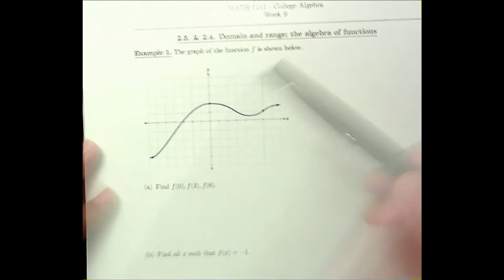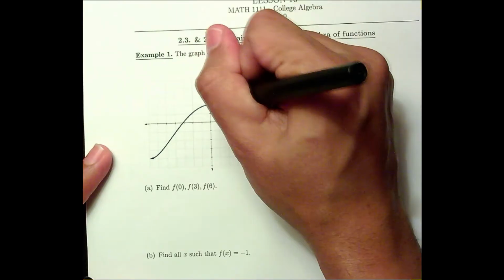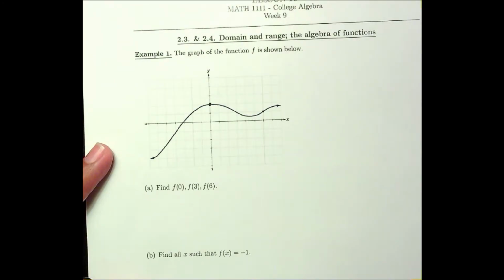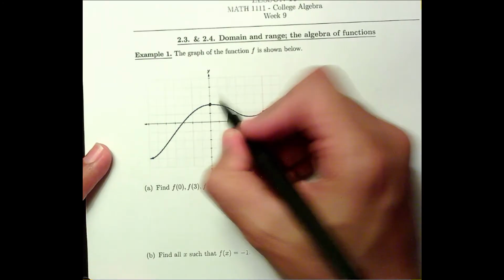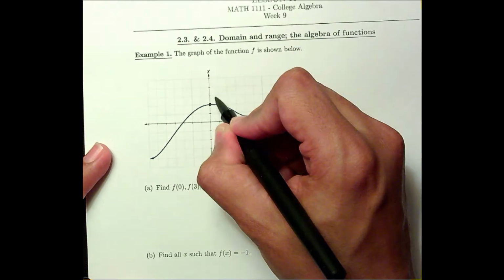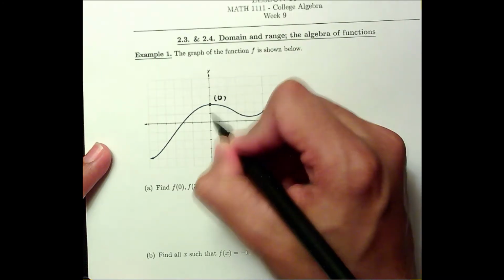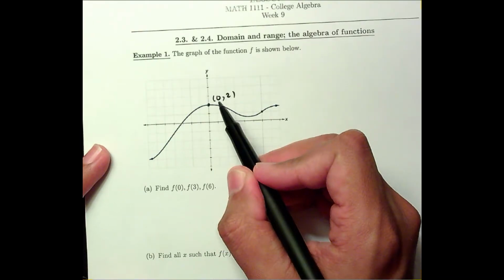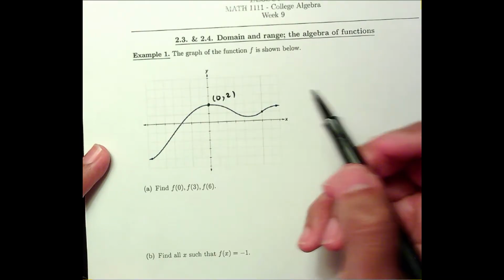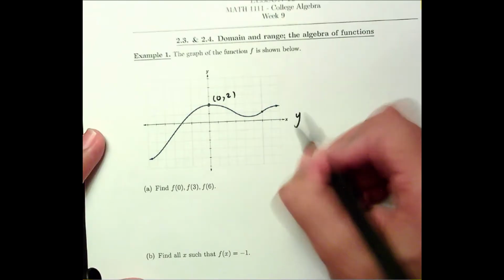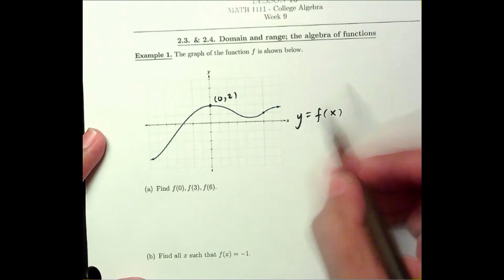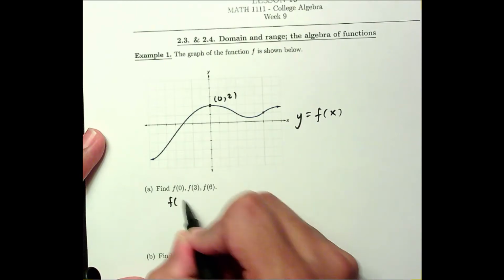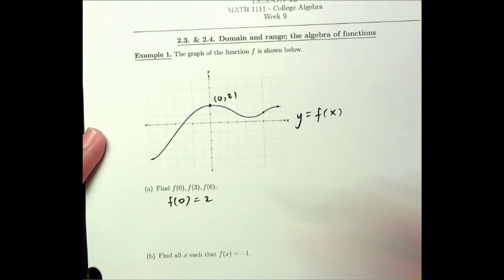That point is a point where x is 0 on the graph, so the y-coordinate is the answer. The coordinates of that point are 0 and 2. The x-coordinate is 0, and the y-coordinate, y equals f of x, is 2. So that means that f of 0 is 2.